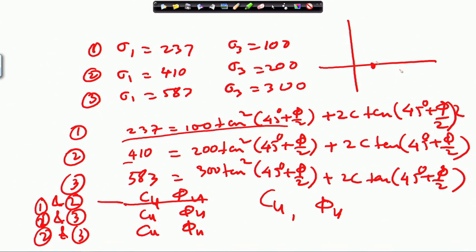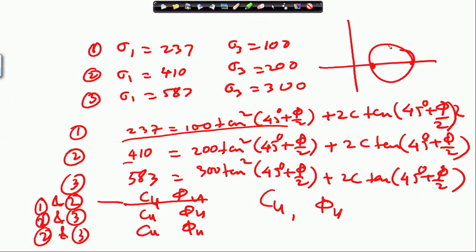Actually, graph sheet is also not required. When you use the Mohr circle, conceptually you can just draw the line like this, give a value here and a value there, and conceptually draw the Mohr circle, not necessarily using graph sheet. If you use graph sheet, what is the advantage?